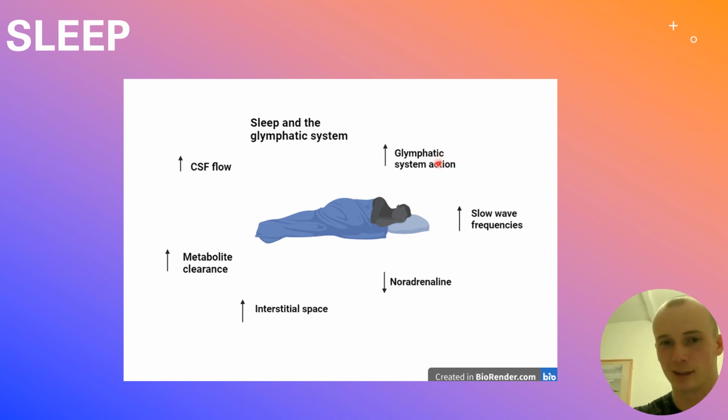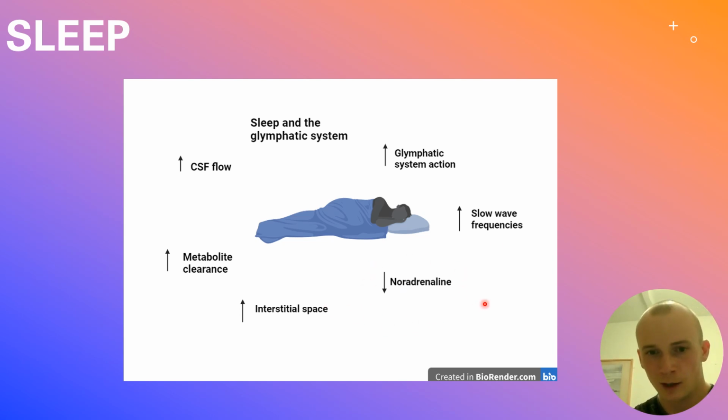The glymphatic system is more active due to this. It's more pronounced during slow wave frequencies, such as non-REM sleep stage 3, that really deep sleep that we have, which is when the glymphatic system is most active.